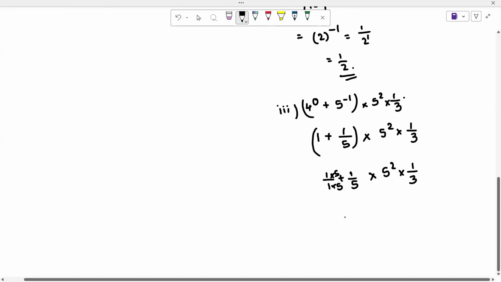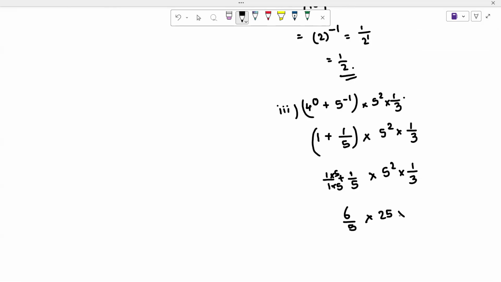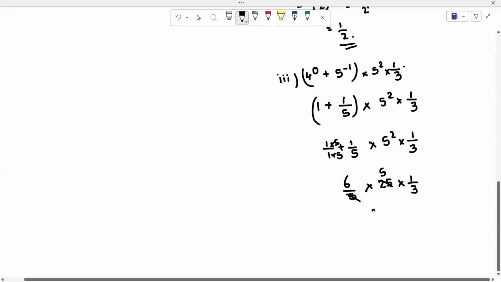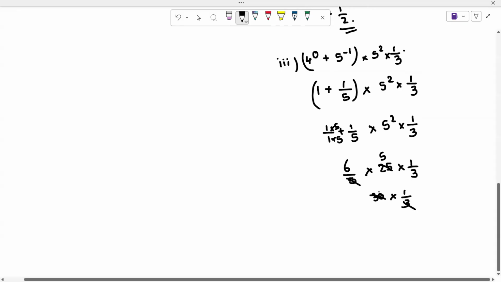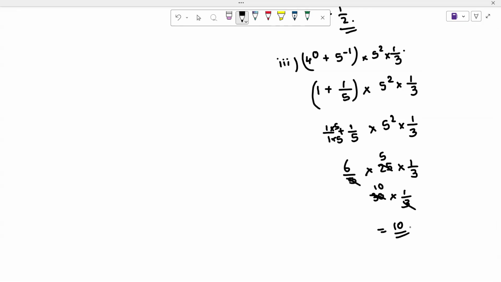So that will give us 6 by 5 into 5 square, which is 25, into 1 by 3. So 5 and 25 cancel. 6 into 5, 30. And 30 into 1 by 3 is nothing but 30 by 3, which is equal to 10. So our final answer is 10.